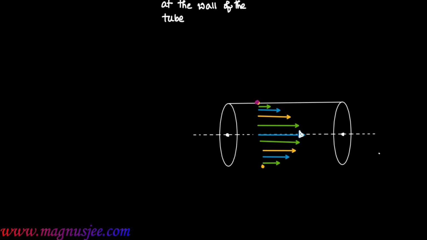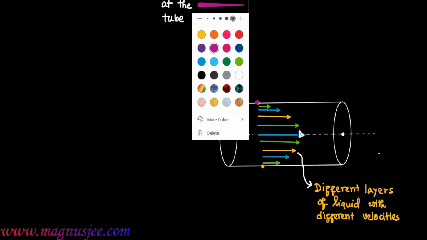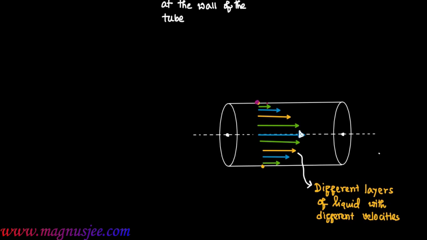Now we can draw the diagram again. We have denoted the velocities of different layers of liquid in steady flow or laminar flow. And these are the different layers having different velocities from the axis of the horizontal tube to the wall of the tube. Velocity of the layer of liquid will be maximum along the axis, and we can connect these velocities of different layers of liquid by a curve.